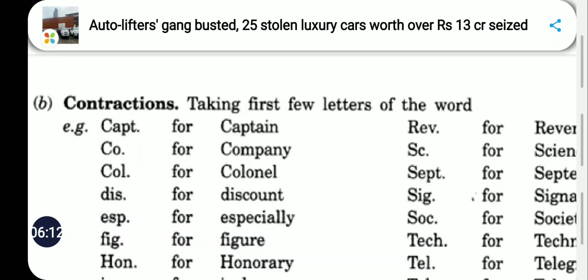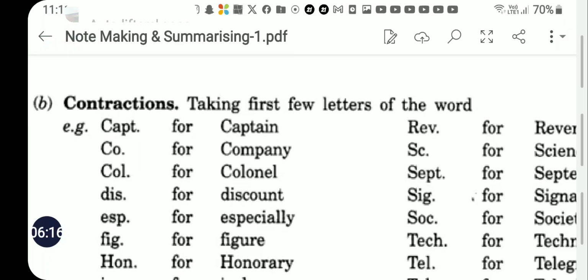For example, CAPT is used for captain, then CO is used for company. So whenever we write these contraction words, we will understand their full form. Those words we call contractions.